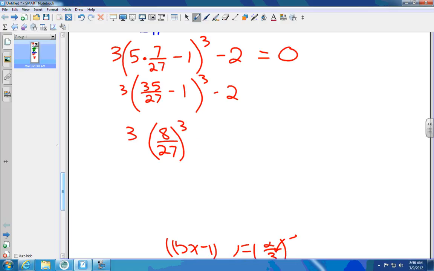Got to cube that. But that's going to be big numbers. Oh, I had the wrong exponent up there. It's to the 1/3, not 3.